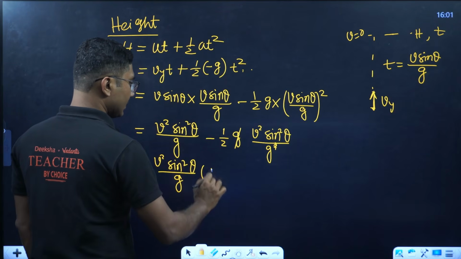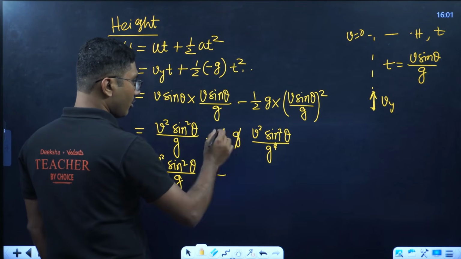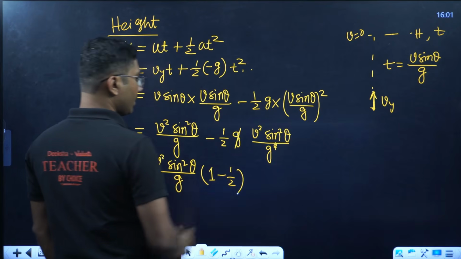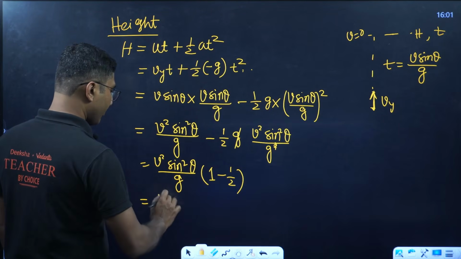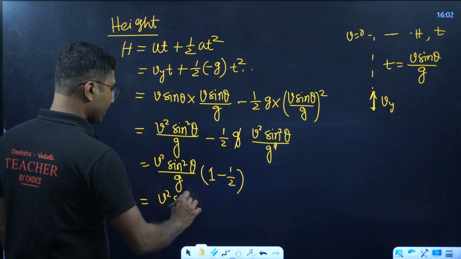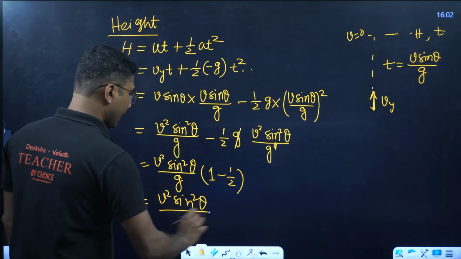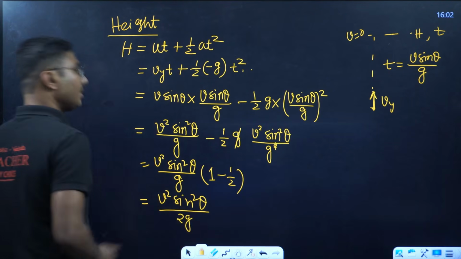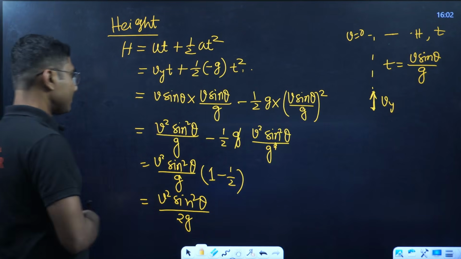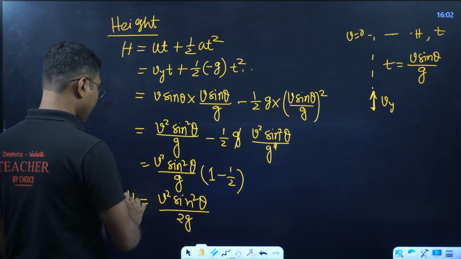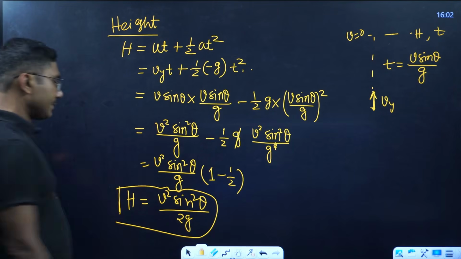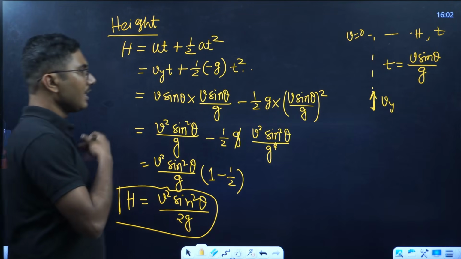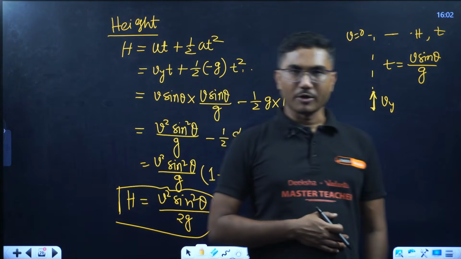Here nothing is there, so only 1. Here only minus half, right? So you get 1 minus half is half. So you get v square sine square theta by 2g. So this is the maximum height reached by a projectile. This formula is important, this derivation is important, everything related to this is important.